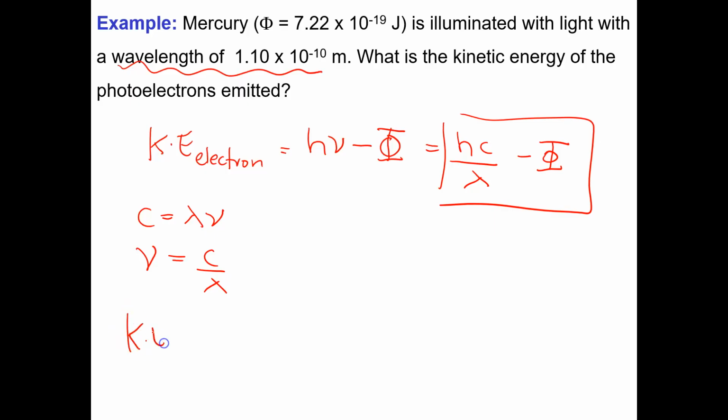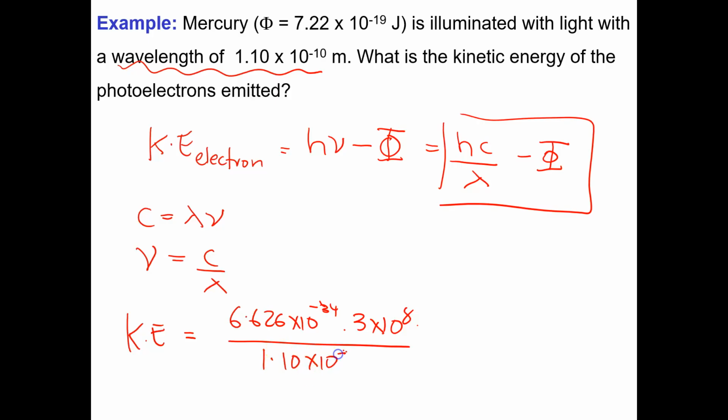Our kinetic energy is going to be Planck's constant times the speed of light divided by our wavelength minus our work function.